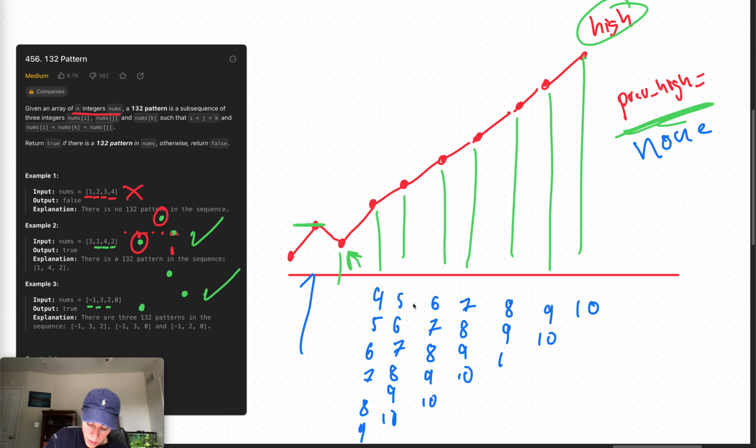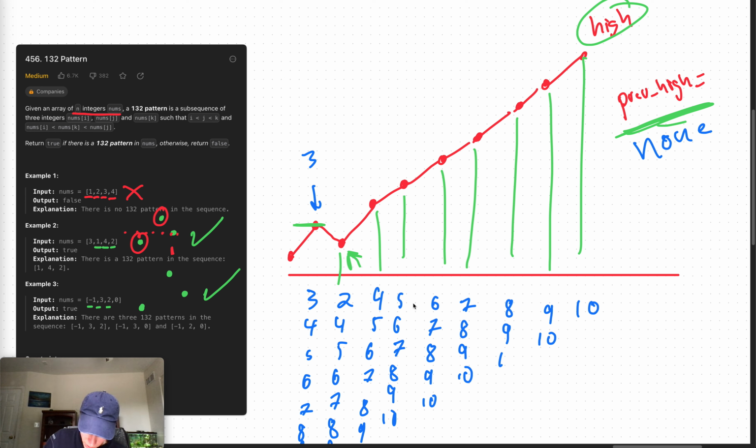Then I have not 3, 4, but I have 2, 4, 5, 6, 7, 8, 9, 10. And all of a sudden, I encounter a new value, 3, that beats this 2, right? So initially this was 2, but I would replace 2 with a 3, 4, 5, 6, 7, 8, 9, 10.